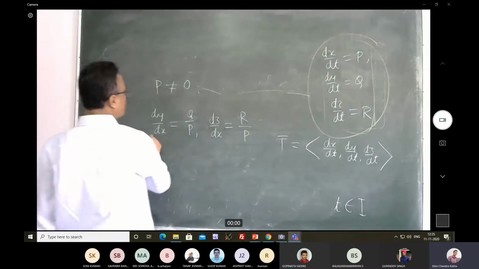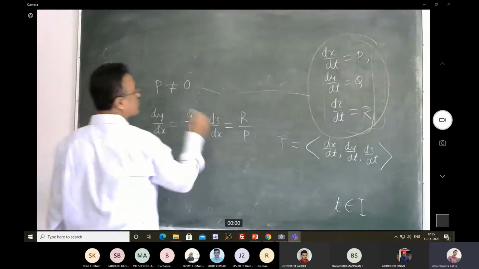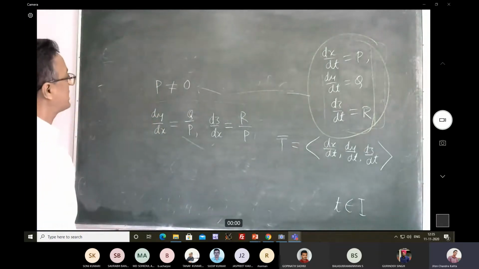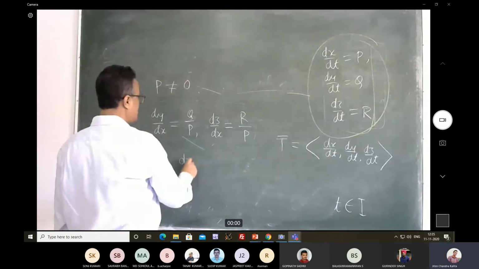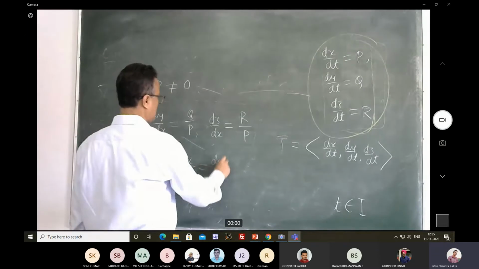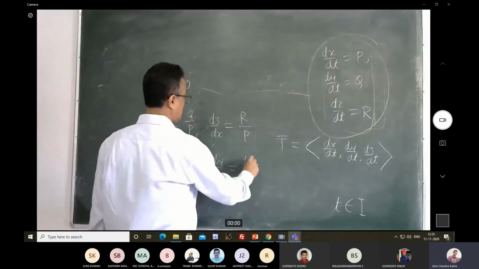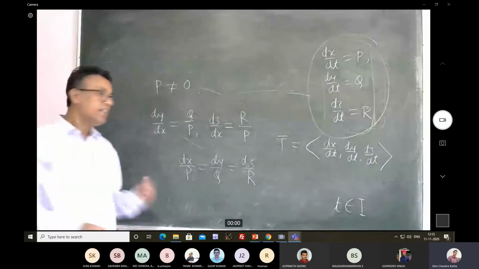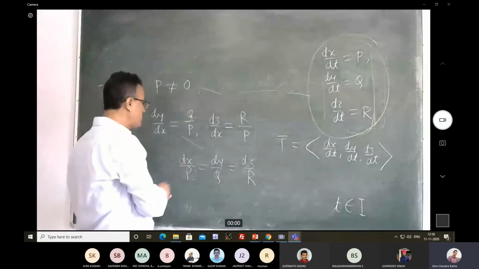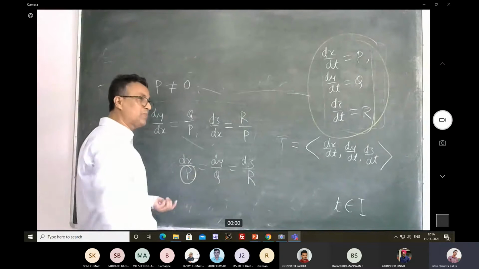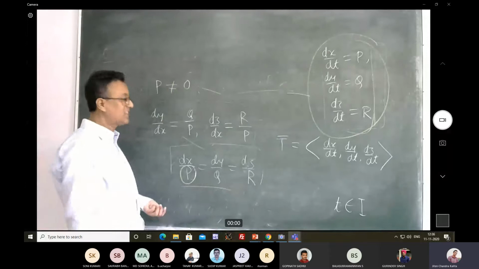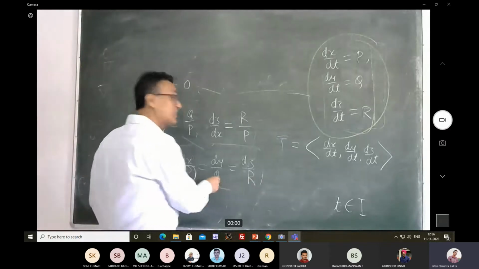So then, obviously, from these two ratios, I can get this. Here, by assuming p not equal to 0, I have got this. But that doesn't necessarily mean that r cannot be 0 or q cannot be 0.